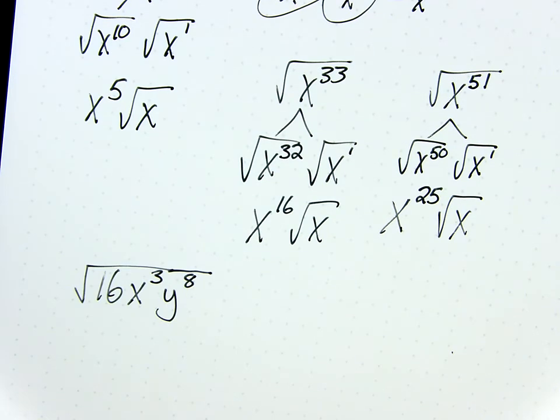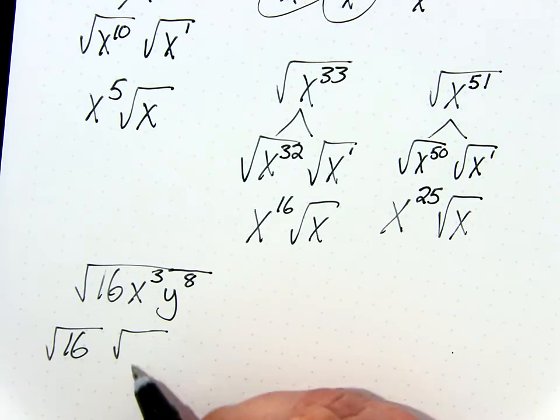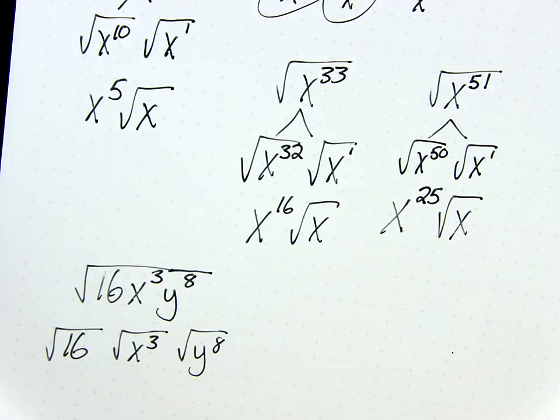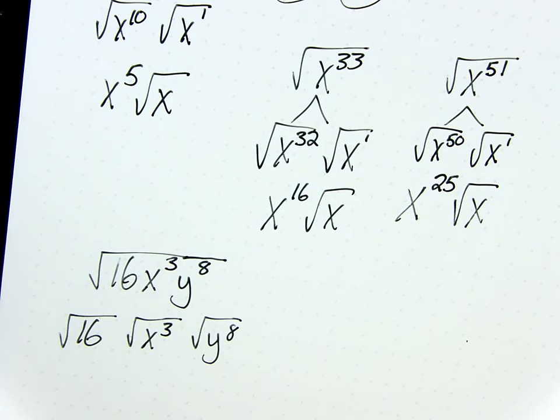All right, so if you're faced with anything like this, first step, I would recommend just break it up into the 3 smaller pieces, or however many pieces you need. Do the 16 by itself, do the x to the 3rd by itself, and do the y to the 8th by itself. So give this one a shot. Let's see what we come up with.